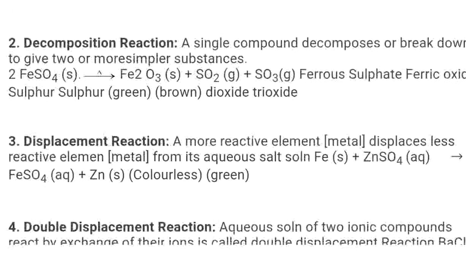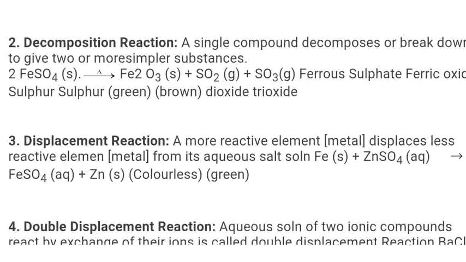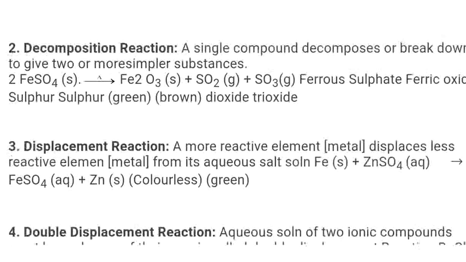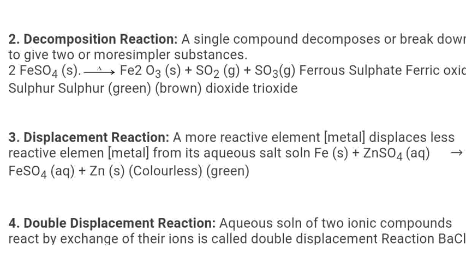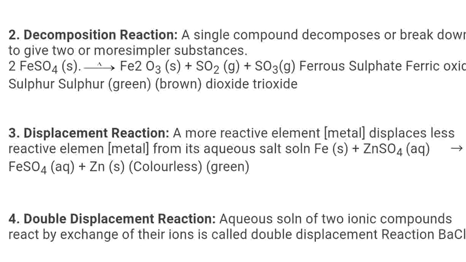Okay, let's move to the next. What is a decomposition reaction? A single compound decomposes or breaks down to give two or more simpler substances. When a single compound breaks into two or more substances which are simpler than the original substance, it is known as a decomposition reaction.